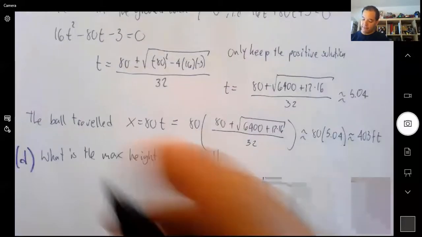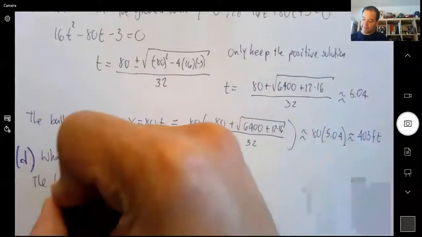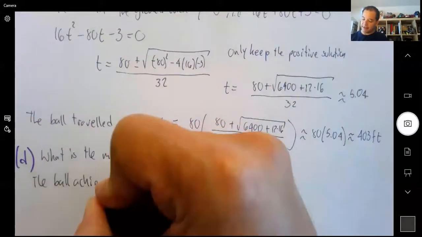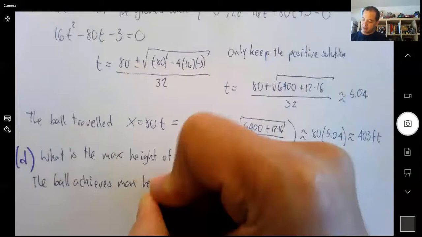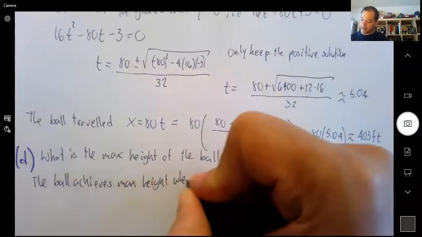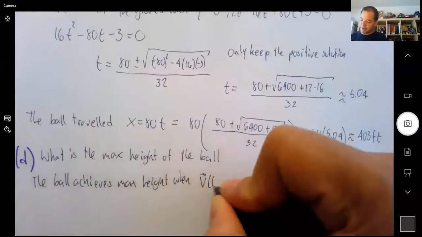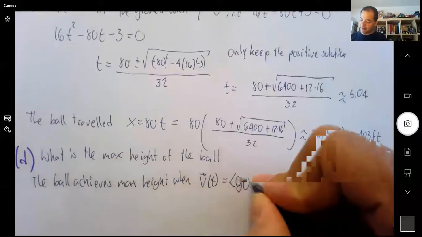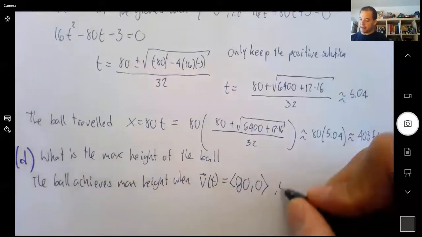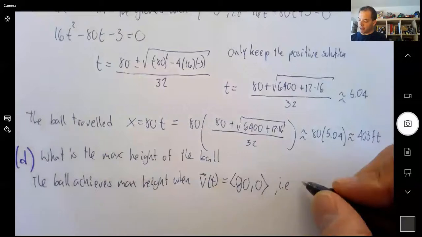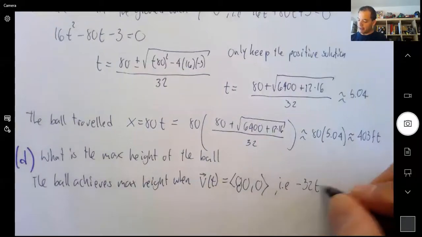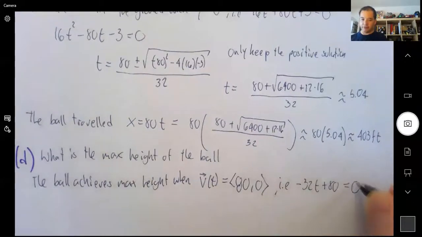So the ball achieves max height when the velocity is 80, 0. The velocity was given by negative 32t plus 80, and that has to be 0.